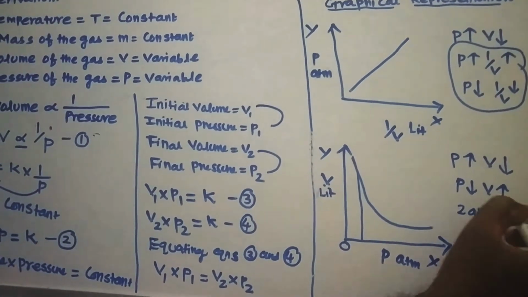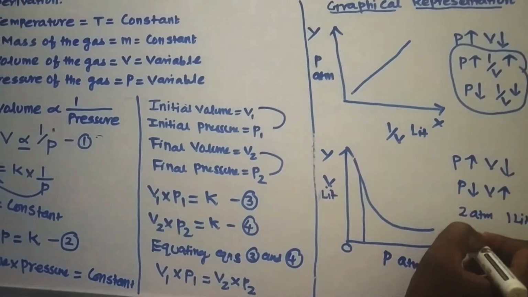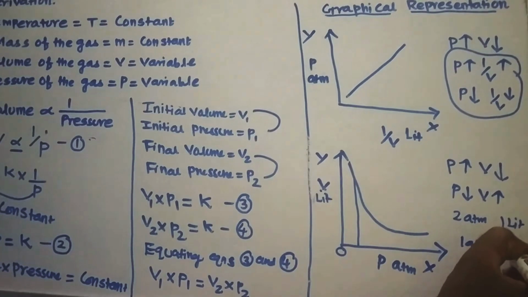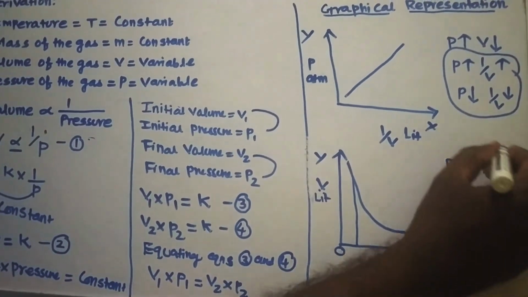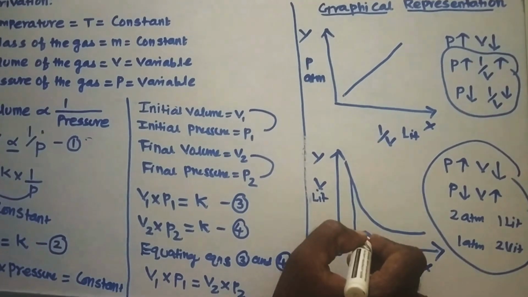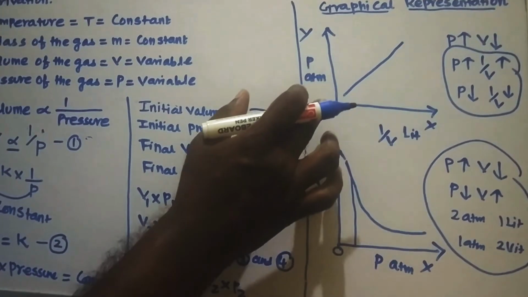If pressure is decreased by 1 atmosphere, then volume is increased by 2 liter. This is applicable for graph number 2, where we get a parabola-like curve. Here we get the straight line.